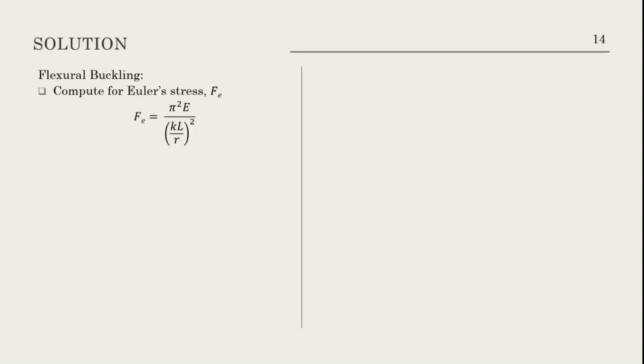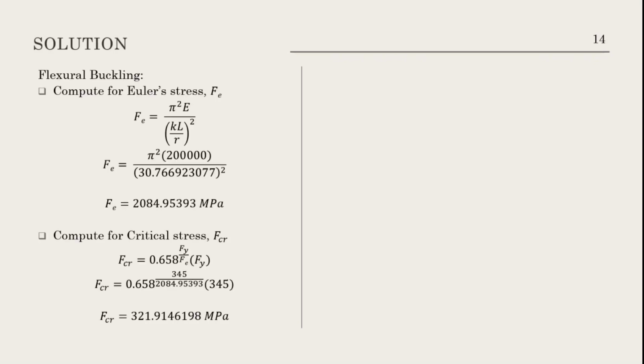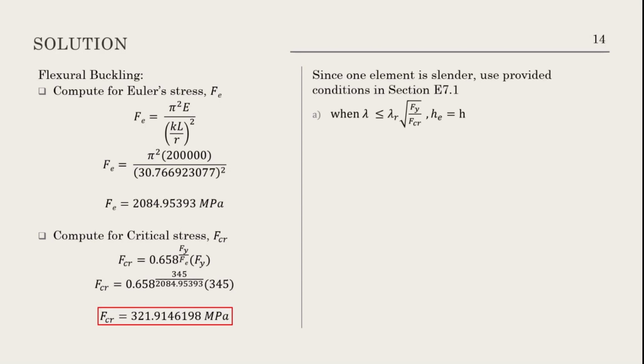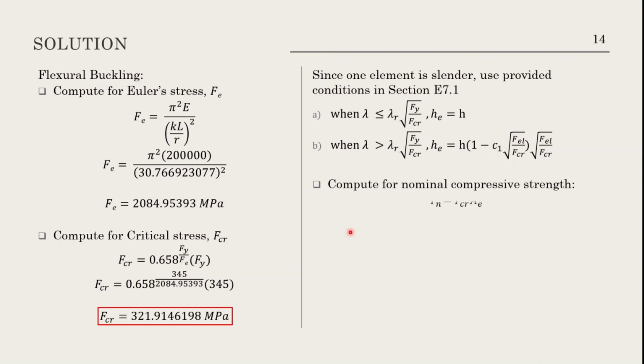So in computing the compressive strength, we have FCR times AE. So we're going to compute again the effective dimension H sub E based on either of these two formulas. Again, we will have a checking kung alin yung gagamitin natin dyan. Kailangan natin yan para makompute yung AE dito sa formula ng compressive strength kapag may slender elements. Di ba? Nagiging FCR times AE siya.